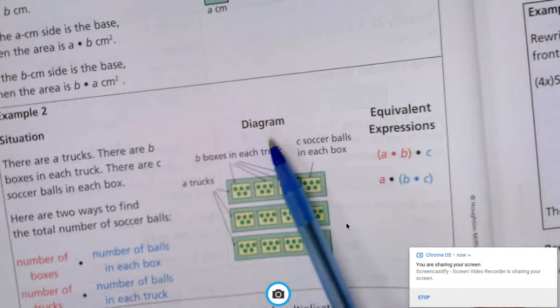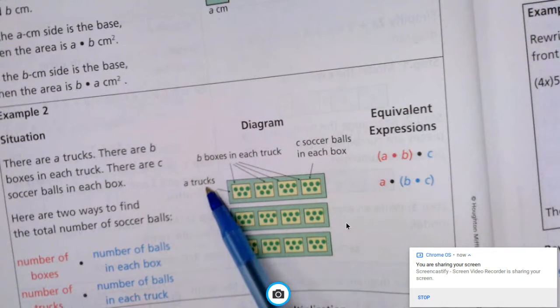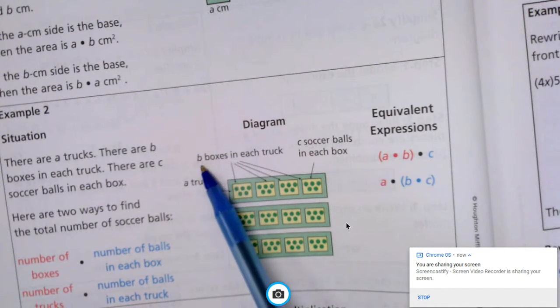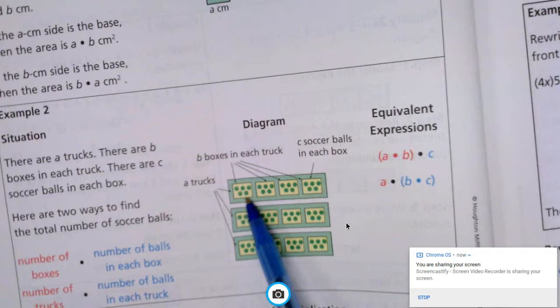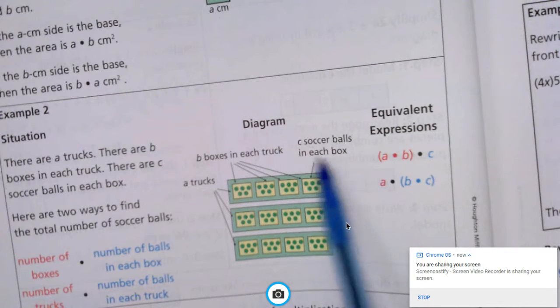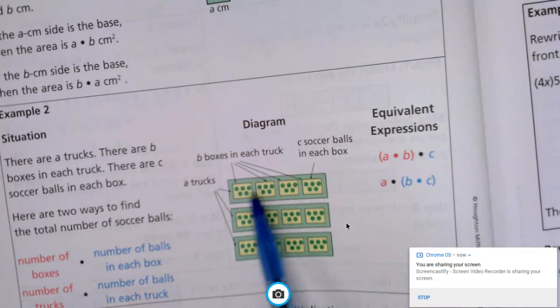Here's a diagram. You can see the trucks, A trucks. So if there were 3 trucks, B boxes in each truck, 4 boxes in each truck, and then the C soccer balls in each box. So the equivalent expression could look like this.